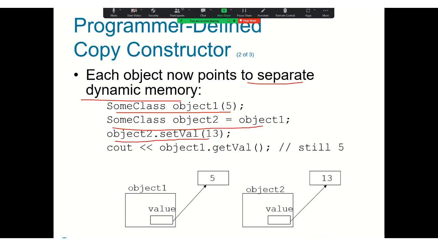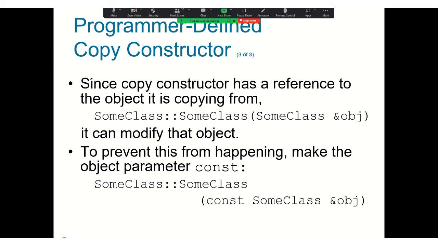So that's about it. Now, since the copy constructor has a reference to the object it is copying from, you can have something like this. It can modify that object as well. That's pretty obvious, right? It has a reference to another object, so it can modify that object. To prevent this from happening, you can make the object parameter constant. That way, you cannot modify it. Even if you try to do that, your compiler will resist.